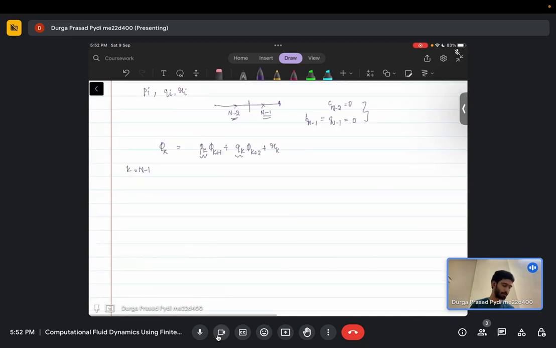In that case, for the last cell, phi n minus 1 will be equal to rn minus 1. Once you know this, you iterate back using these equations. The idea is very similar to TDMA. The only difference is that now we have one more additional term, k plus 2. So in addition to east and west, you will have east-east and west-west cells. This is the direct method. So instead of using line by line TDMA, you can use this pentadiagonal algorithm to solve the system of equations using a direct method.